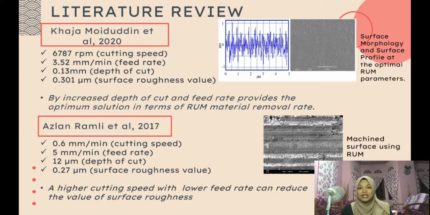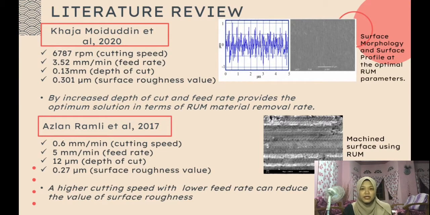Here I also include a picture of surface morphology and surface profile at optimal RUM parameters that have been done by these researchers. Next, we turn to the next research. Azram Ramli and several others made a study in 2017 on an improvement of surface roughness using rotary ultrasonic assisted machining technique for hardened steel material.